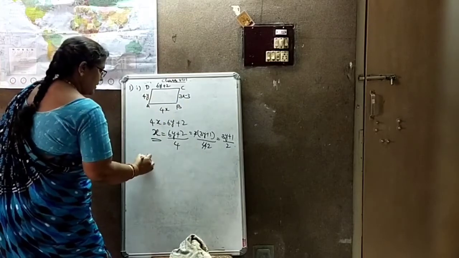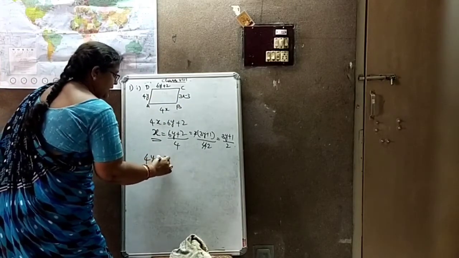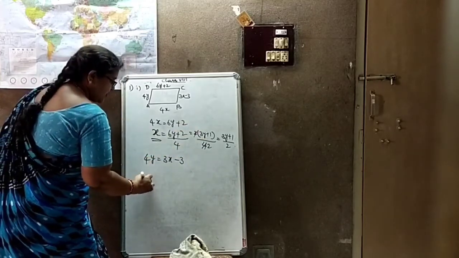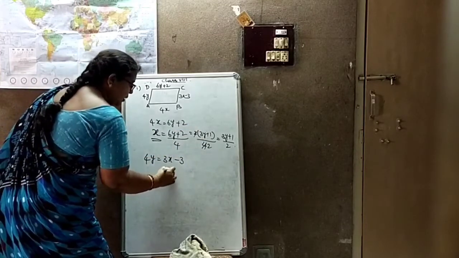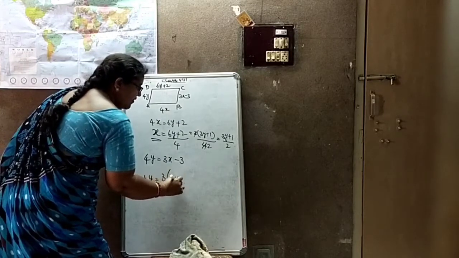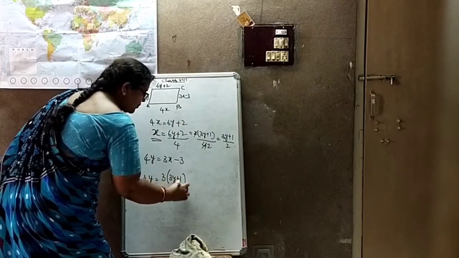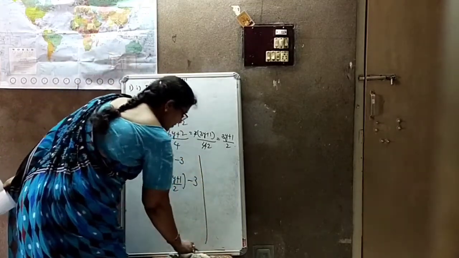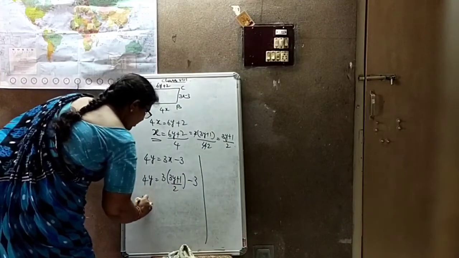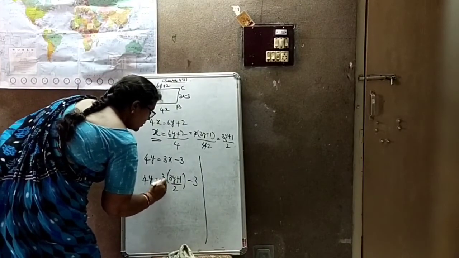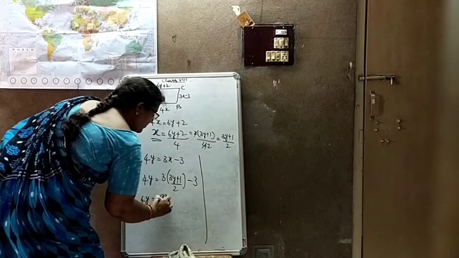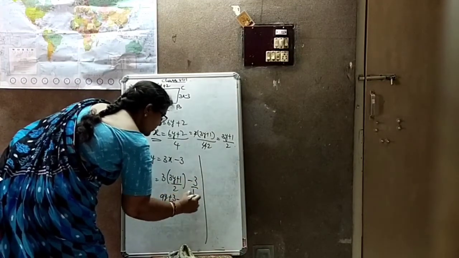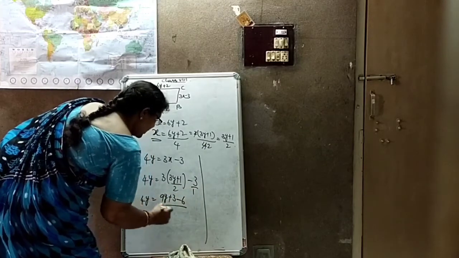From this here, 4y is equal to 3x minus 3. What is x? Please write. So 4y is equal to 3 into 3y plus 1 by 2 minus 3. Now we can solve it the same way. 4y is equal to 3 into 3, 9y, plus 3 into 1, 3, minus 2 into 3, that is 6, by 2.